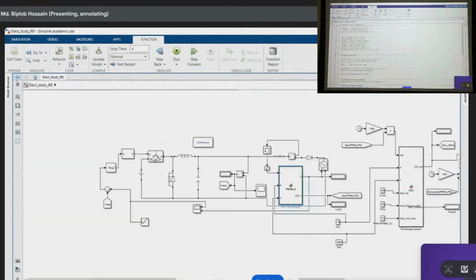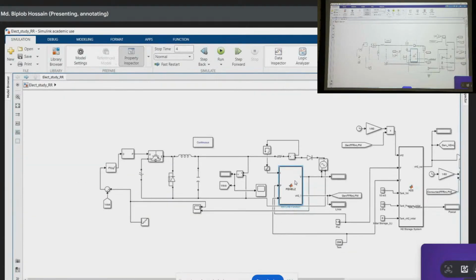So if I am going back again, if we want to develop based on this mathematics, this is that function. You can easily connect other components, like this is a boost converter. You see, this is a boost converter connecting between the source and load.